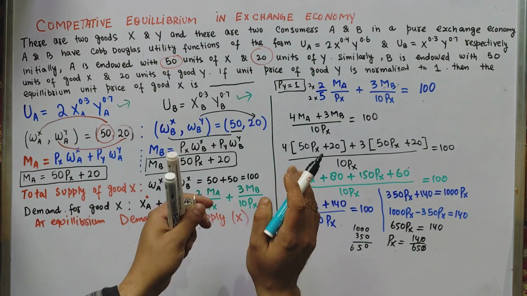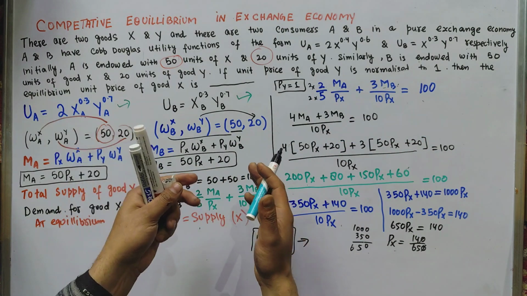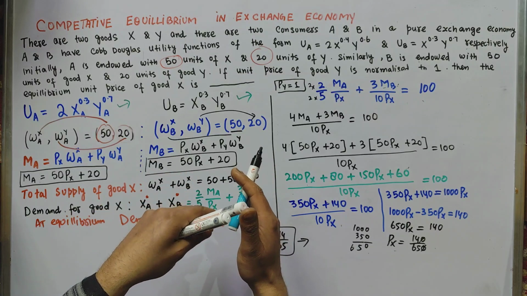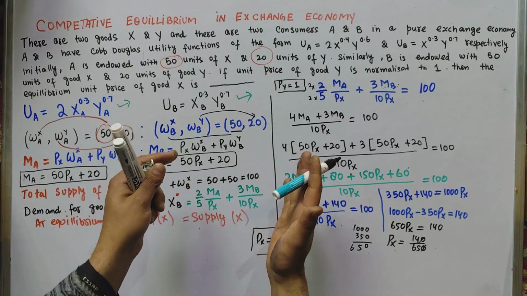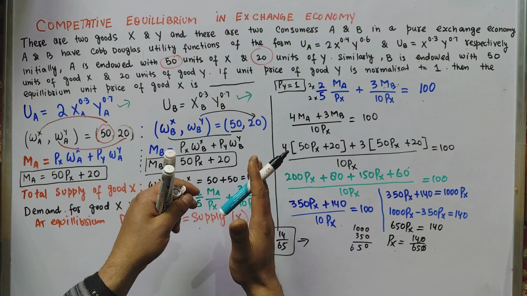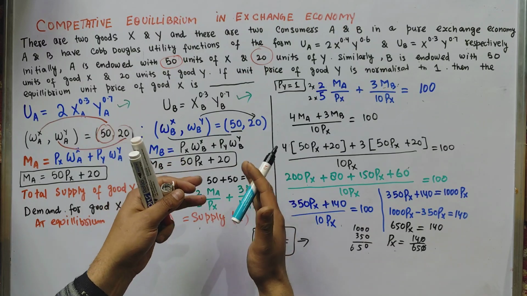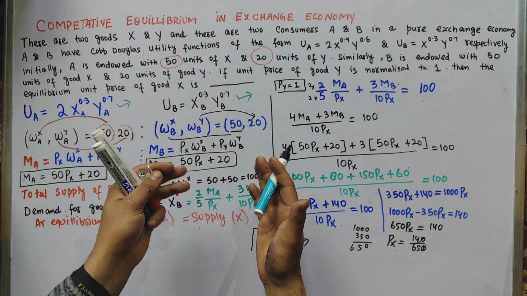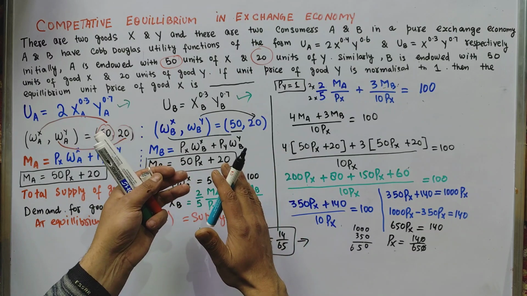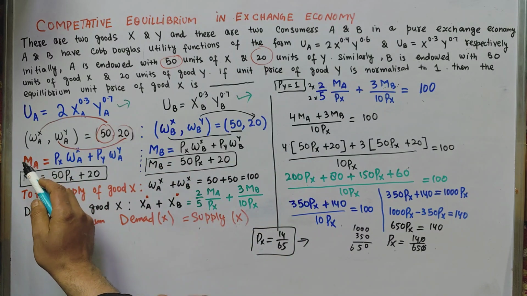Third step will be to find out the income of the consumer. In this case, total income of the consumer is only the initial endowments that the consumers have. So what will be the income of consumer A?